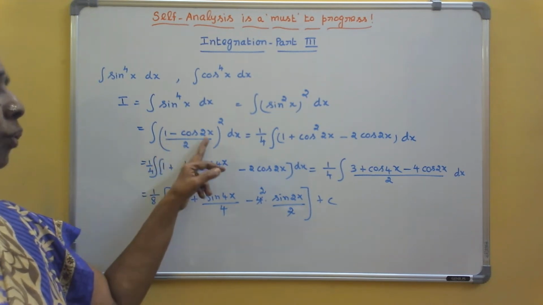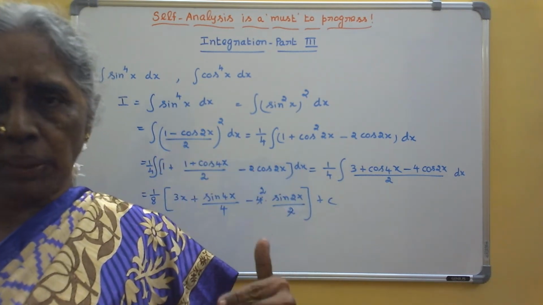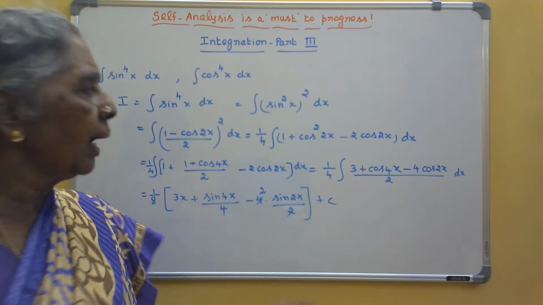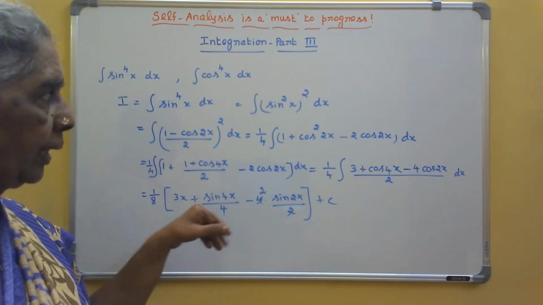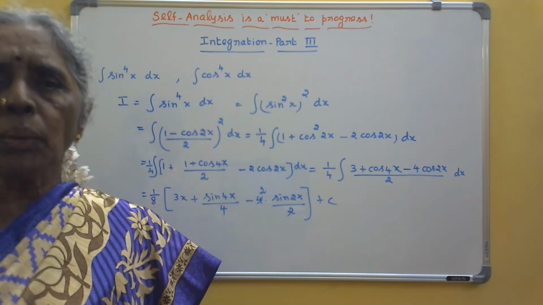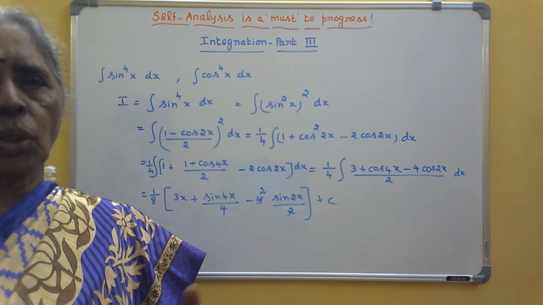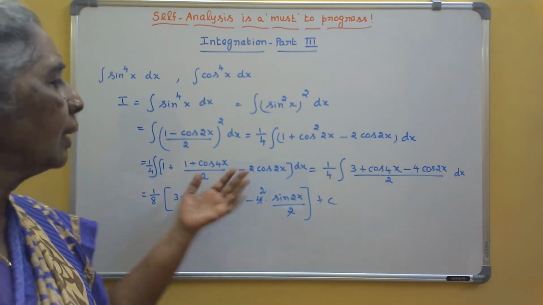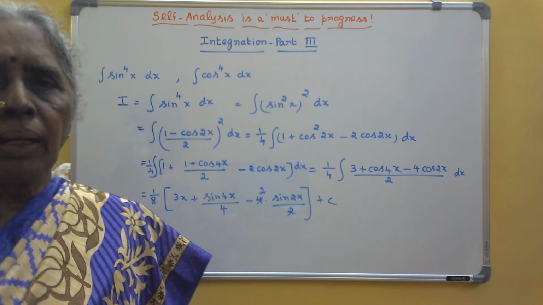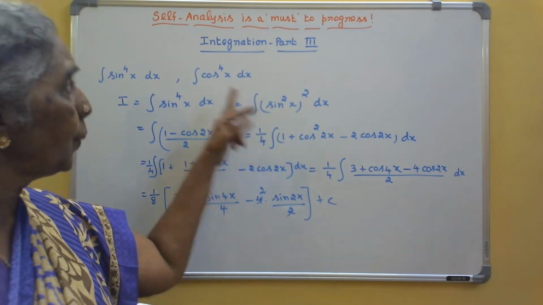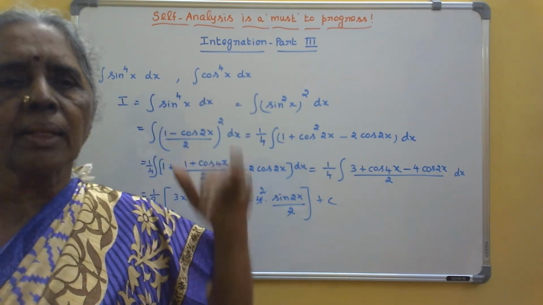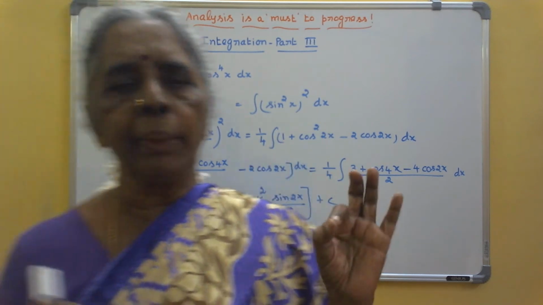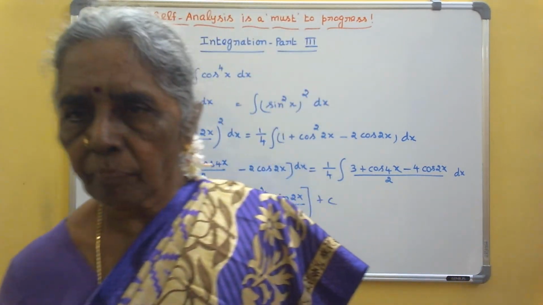Then for the numerator you use (a minus b) the whole square and expand. Again there is one cos squared 2x term; there you use again the formula (1 plus cos 4x) by 2. Then you integrate. In the same way you do cos power 4x dx so that this model will be clear to you.